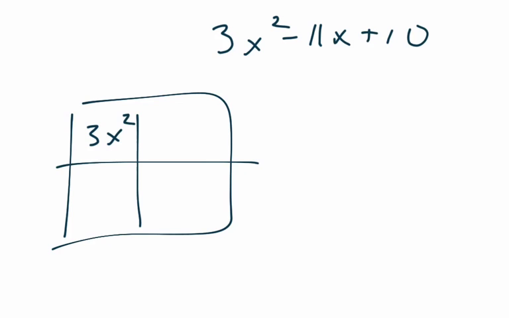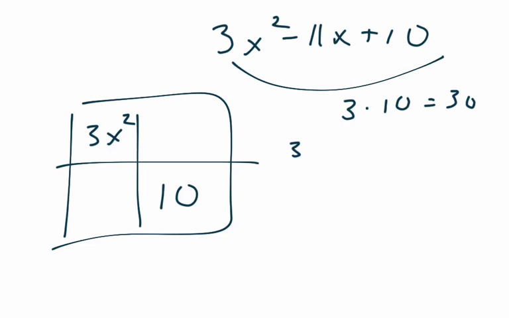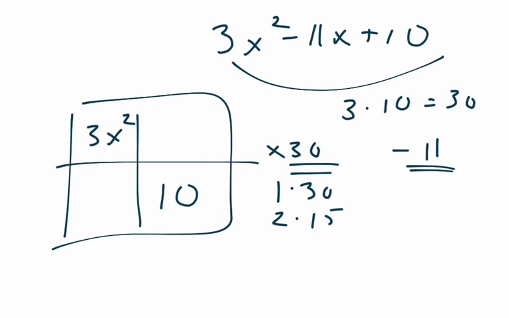3x squared, here's the 10, and we're going to do 3 times 10 to get 30. So we're looking for two numbers that multiply to give us 30 and add up to negative 11. 1 times 30 won't work. 2 times 15, closer. 3 times 10, nope, that does not give us 11. 4 times, not anything. 5 times 6.